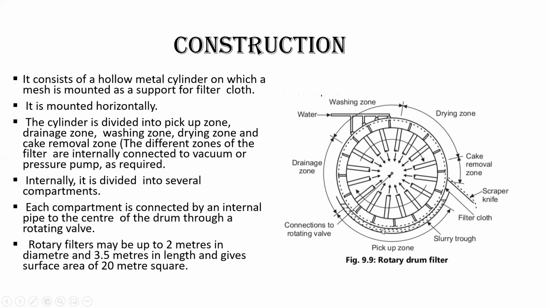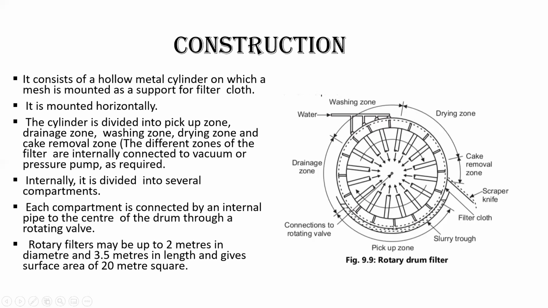So the solid cake will be deposited on the surface, and the filtrate is removed through the pipe into the center of the rotated drum and collected into the tank.